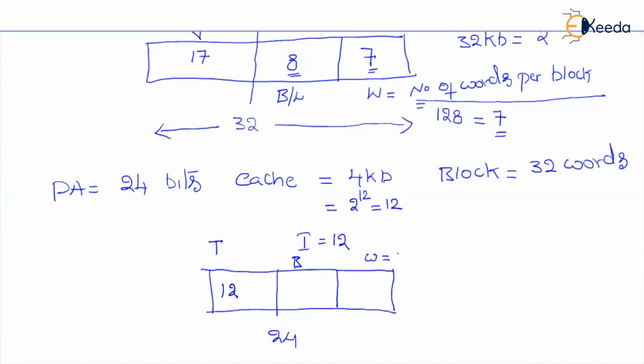The size of the block is equal to 32, and 32 is equal to 2 power 5. So 5 bits for the word field. 12 minus 5 is equal to 7. So 7 bits for the block field. This is how you are going to divide the tag field, block field, and word field.